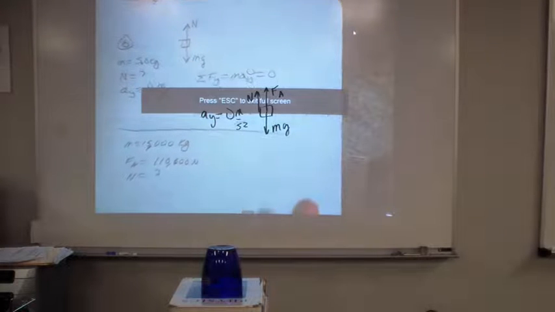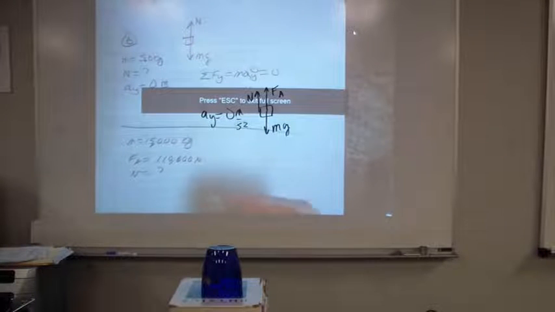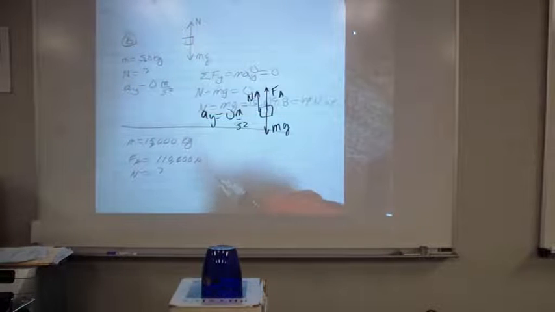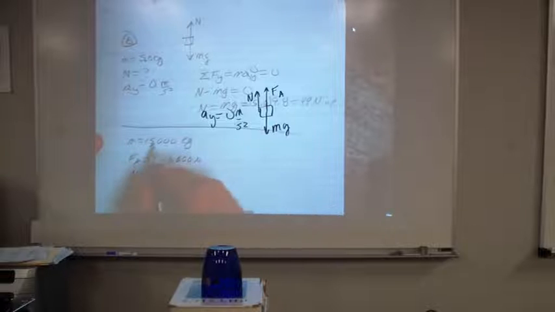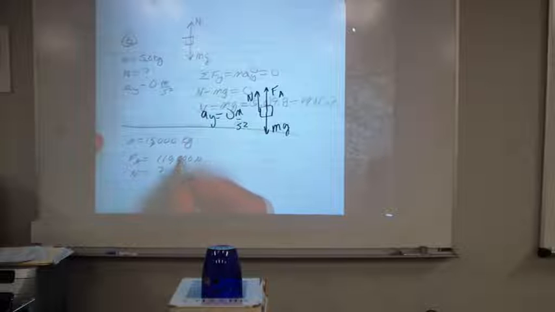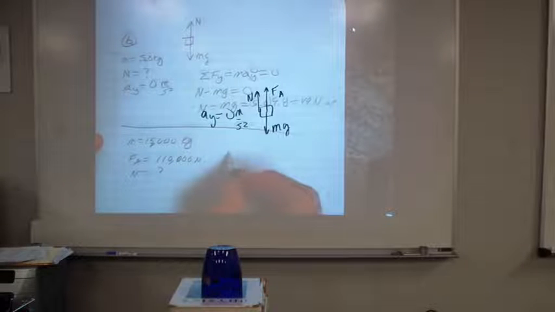Here's the setup, guys. Now, free body, there's your givens, 15,000 kilograms for the mass. Applied force is that much up, 110,000 up. Let's find the normal force. The free body diagram looks like this.